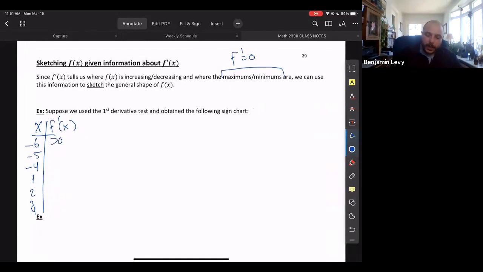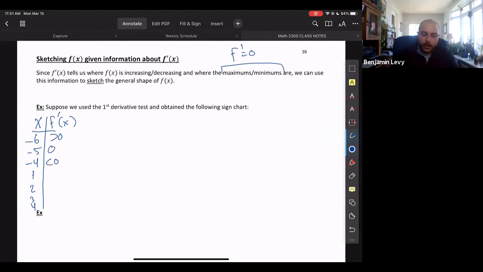At -5, it's 0. At -4, it's negative. Now I'm confused. Oops, I messed it up. Sorry. So I just erased a few things. At 1, it should be 0. Yes. At 2, it's negative. At 3, it's 0. At 4, it's positive.